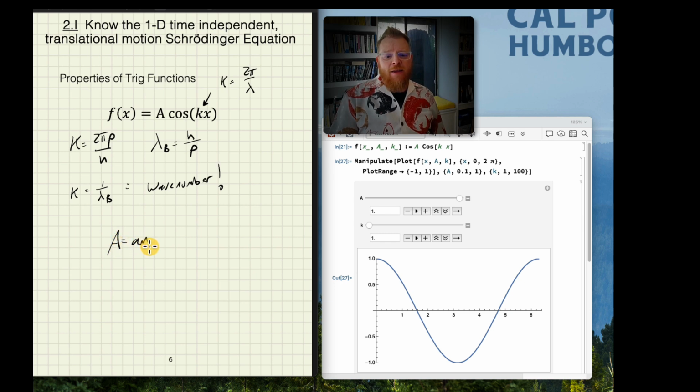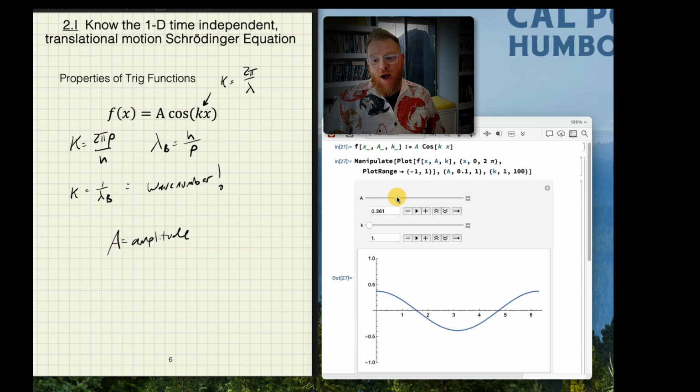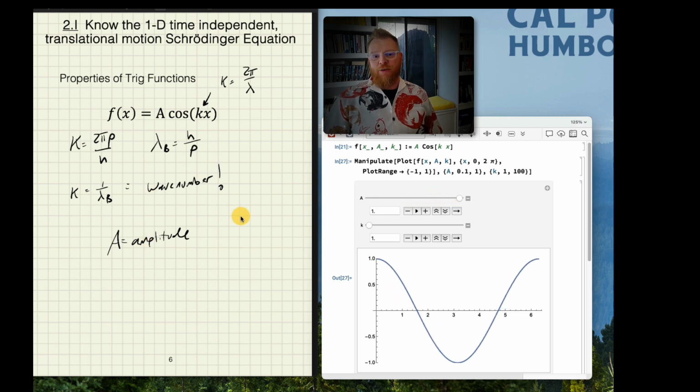So a equals the amplitude. And you can see in my Manipulate function right here, here it is, a times cosine kx. If I manipulate that amplitude, it just has the effect of decreasing the overall magnitude of the wave function, right? So the wavelength stays the same, just the amplitude changes when I change that a value.